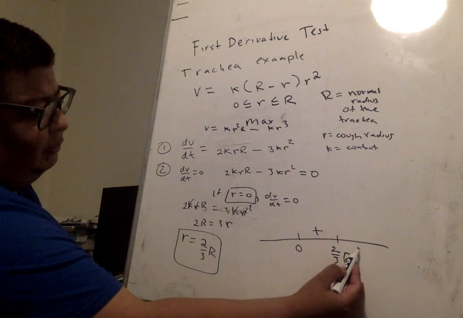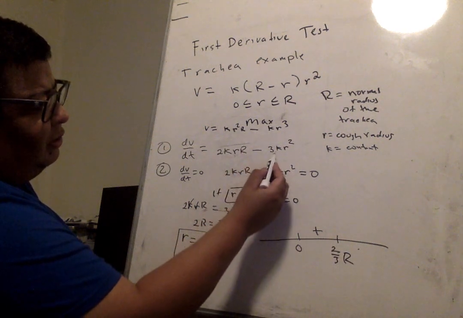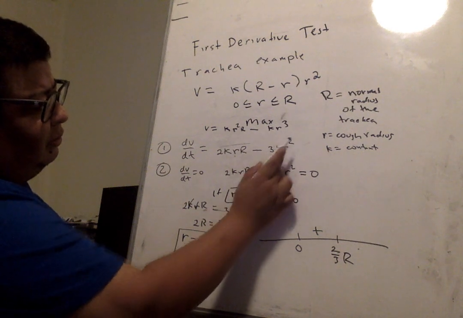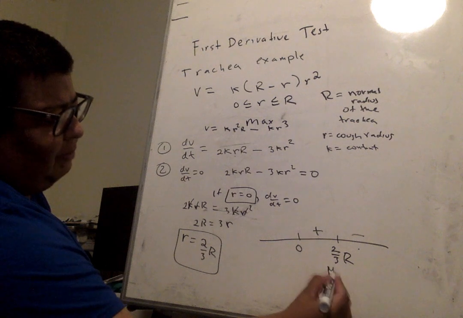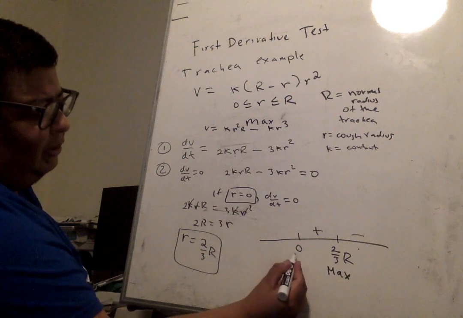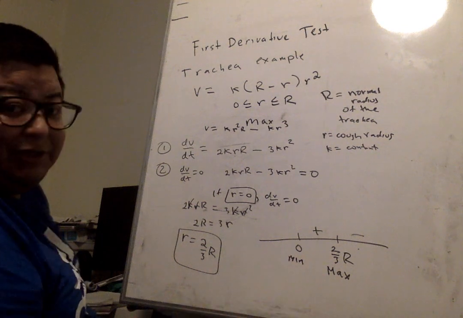If we go bigger than 2/3 r, then this term is going to be bigger than this one, so this is going to be negative. That means that we have a max here, and this one is a minimum because the radius cannot be less than 0.